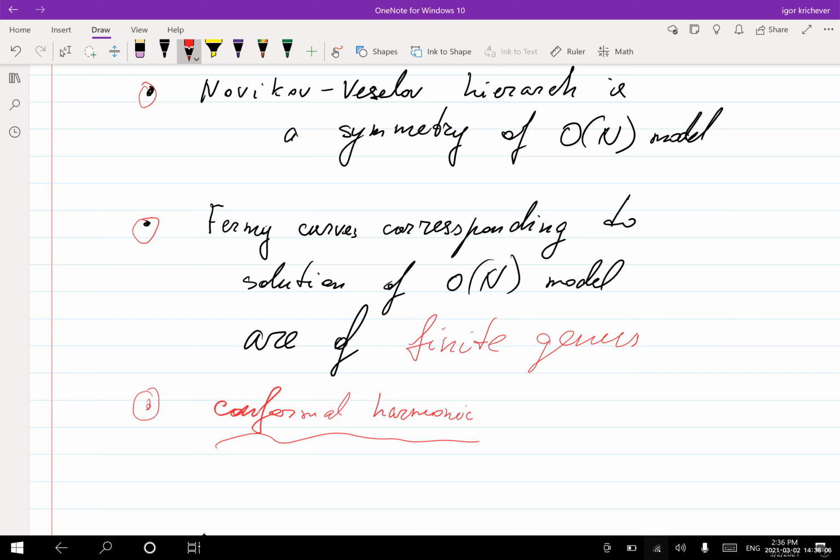But that would be the goal of the second part of my talk: just to explain the meaning of the words Novikov-Veselov hierarchy. Then in 2 minutes after that, I will derive that the corresponding spectral curve must be of finite genus. And then we'll turn to the discussion of what is in the title of my talk today. Okay, any questions?